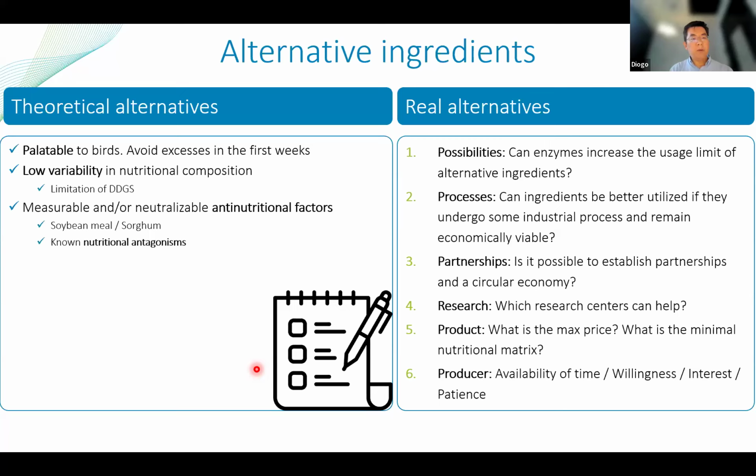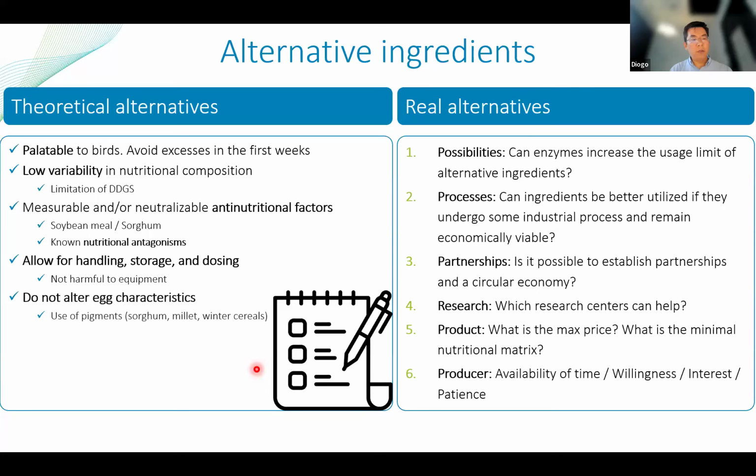We need to have knowledge to measure and neutralize anti-nutritional factors. In the past, sorghum was the one that gave us some problems linked to tannins. Is this ingredient easy to handle, store, and dose, and also not harmful to equipment? It should not alter egg characteristics.